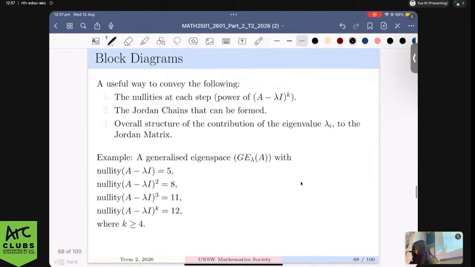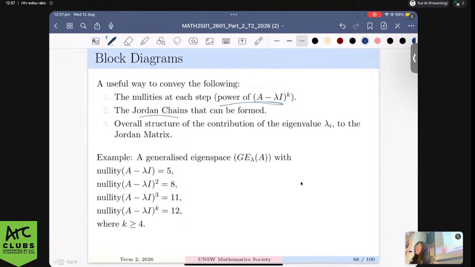An easy way you can go about this is to consider block diagrams. So we take the nullities at each step, aka the power of A minus lambda I to the k. And then we also want to consider Jordan chains that can be formed and the overall structure of the contribution of each eigenvalue to the Jordan matrix, right?